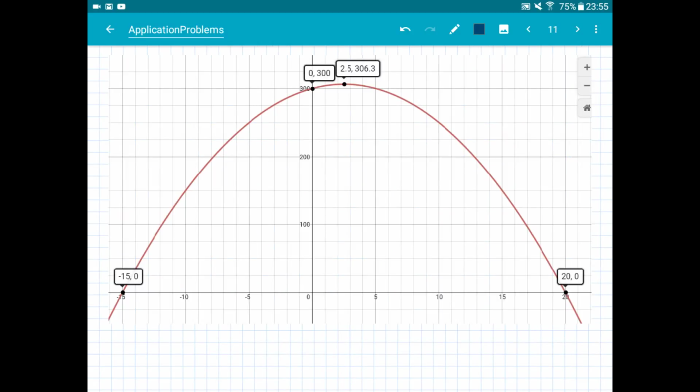The last question is really interesting. It asks us to look at the graph and try to pick out important points and explain what they mean. So we've already discussed this point here. This is her max revenue, and it tells us what the ideal price is.